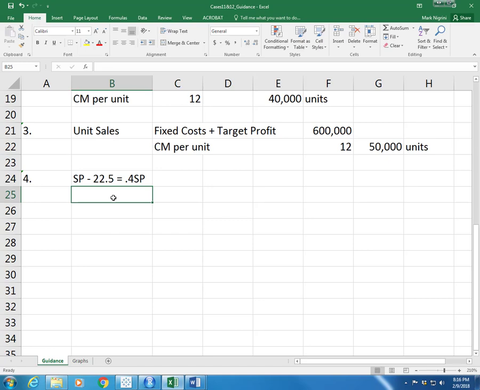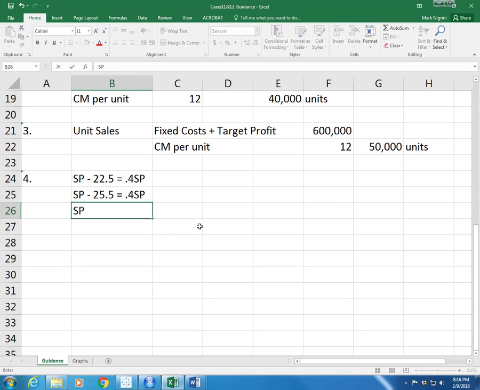Now, this is the new situation. My selling price minus not $22.50 but $25.50 must now again equal 0.4 times my selling price. And in fact, I want to solve for selling price. So I'm going to move things around a little bit here.